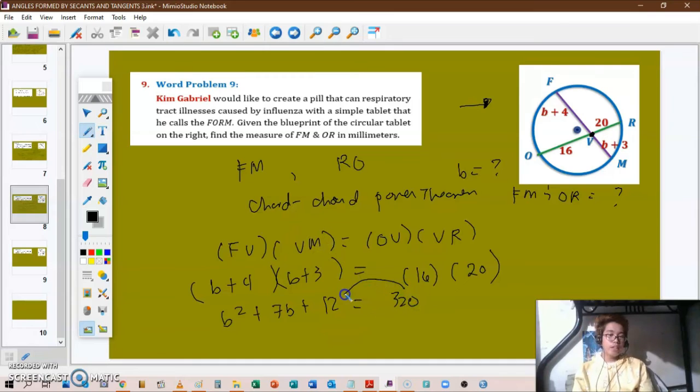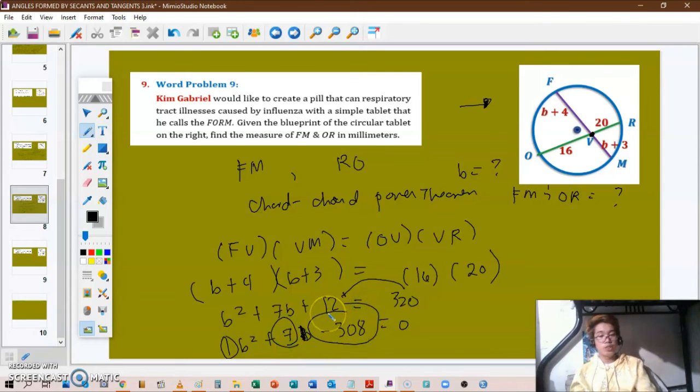And from here we can transpose 320 to the other side. So we have here B squared plus 7B plus 12 minus 320. So that's going to be negative 308 is equal to 0. Solving for the value of B, we have here coefficients 1, 7, and negative 308.